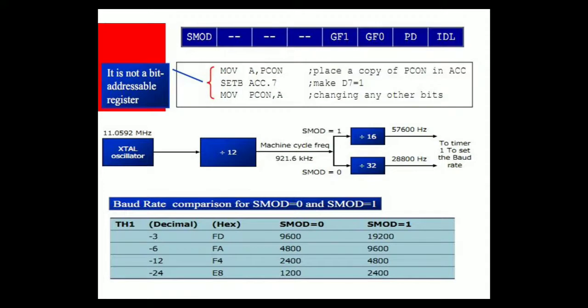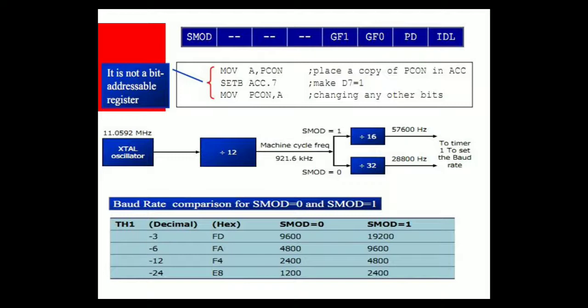First, we will focus on the structure of this PCON register. You can observe that there is a PCON register having 8 bits. 3 bits are unused, but our point of interest is the last bit, called SMOD. By default, this SMOD bit will be 0. So whenever the SMOD bit is 0, your baud rates will be as indicated in the table.